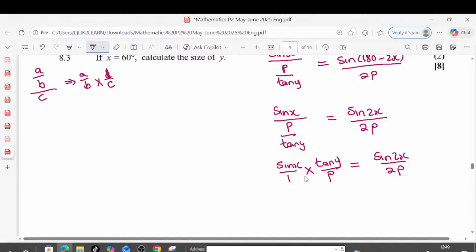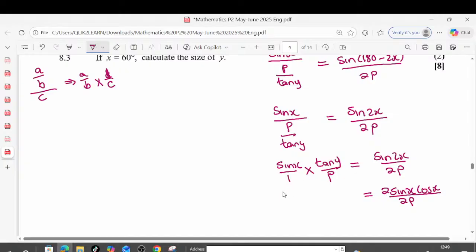What can we do? Change the sine 2x, maybe we can write it as 2 sine x cos x, and everything is divided by 2P. Now this other side, I'm not sure what I'm going to do with this one, but the tan y, I need it to be there, so I'm just going to leave it like that.